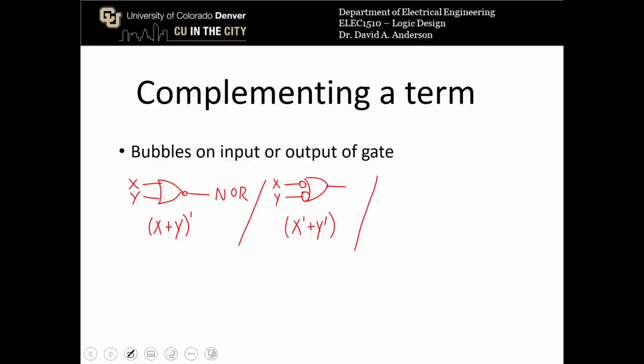We can also complement both inputs and outputs. So now let's draw an AND gate with complements on its inputs, x and y, and on the output. So now this is simulating the function x prime y prime prime.